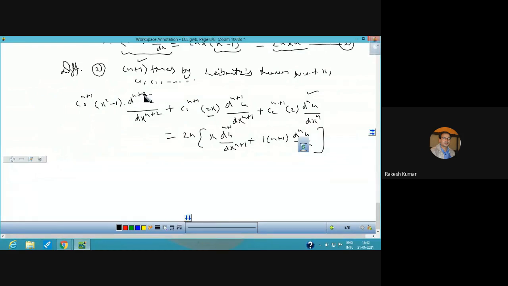This term can be written in short as u_(n+2). So u_(n+2) comes here: (x squared minus 1) u_(n+2) plus, now see, c0 means the coefficient we have, nC0 in a way, and c0 of n plus 1 will be 1 here, and c1 of n plus 1 will be n plus 1 into 2 times.